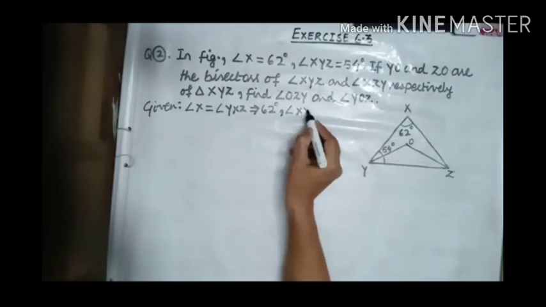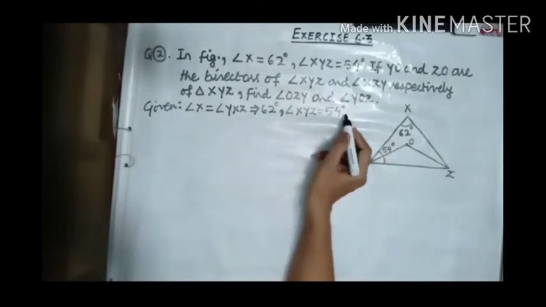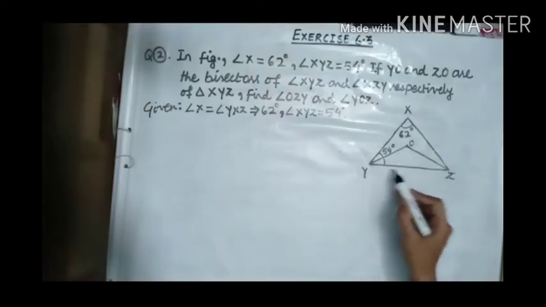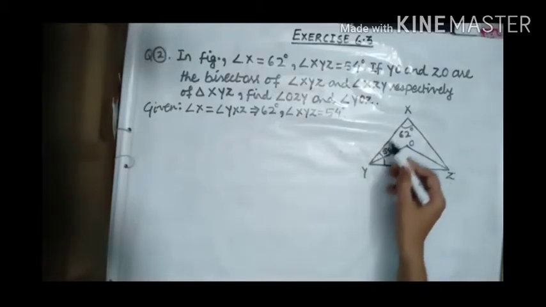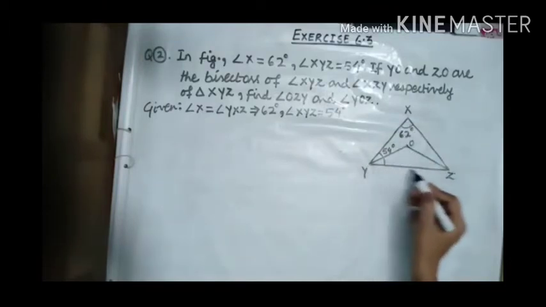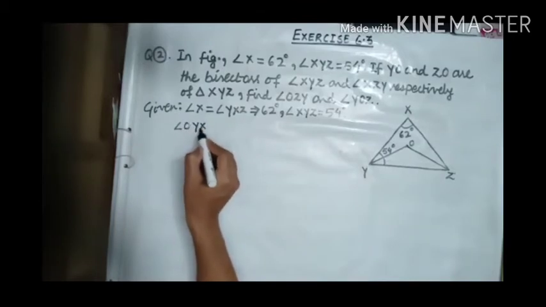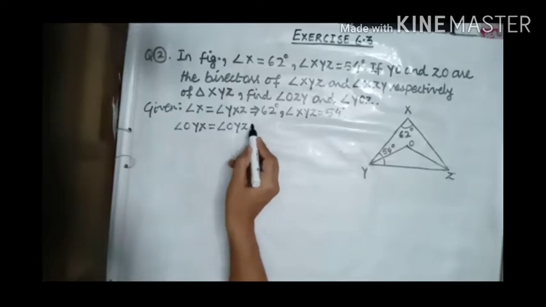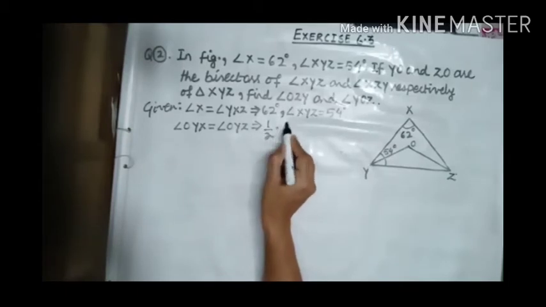Angle XYZ is 54 degrees. And as YO bisects the angle XYZ, therefore each of angle OYX and OYZ will be half of angle XYZ. So angle OYX equals angle OYZ, and each of these two angles will be half of angle XYZ.